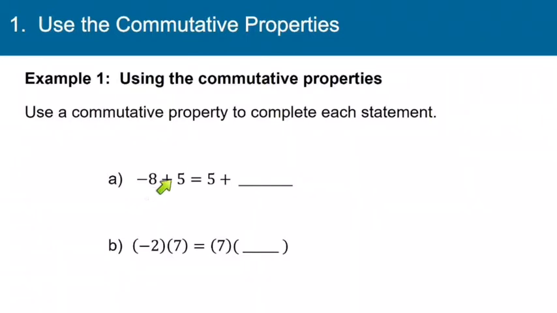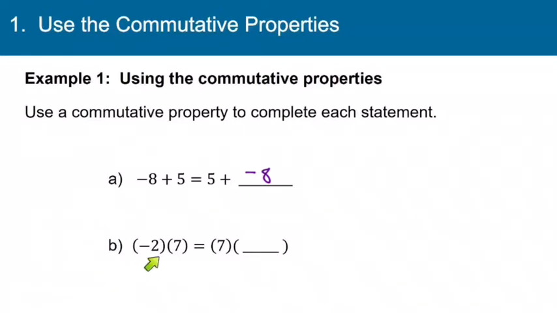Okay, we know that commutative property means the numbers change position. So in part A, we have negative 8 plus 5. Okay, that can be rewritten as 5 plus negative 8. Now notice they did not ask us to evaluate what 5 plus negative 8 is. It just said to use a commutative property to complete each statement. So that's where we're going to stop right there.